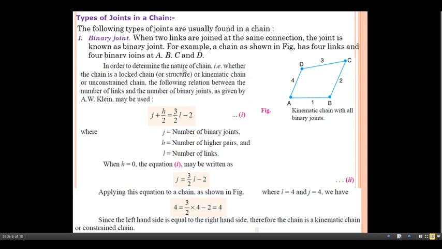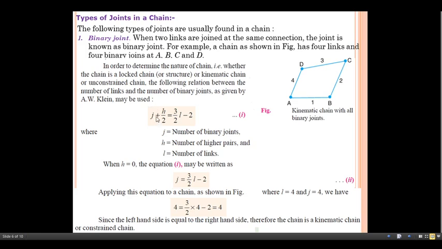In order to determine the nature of the chain, that is, whether the chain is a locked chain, kinematic chain or unconstrained chain, the following relation between the number of links and the number of binary joints, as given by Kelvin, may be used.